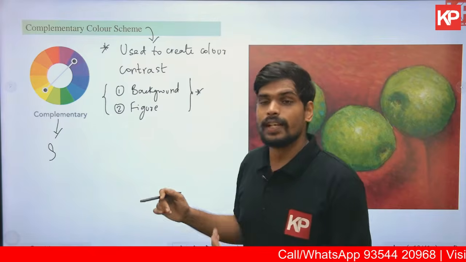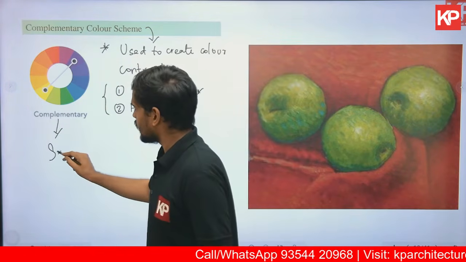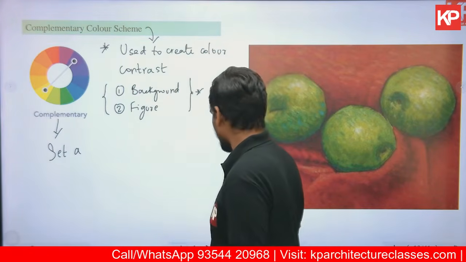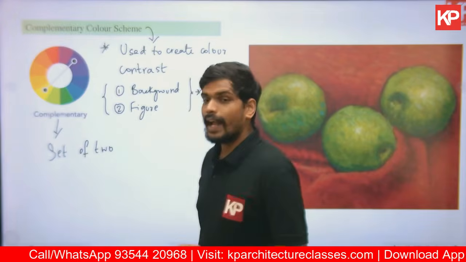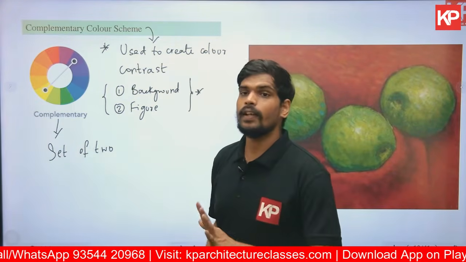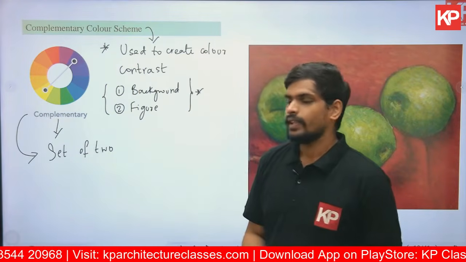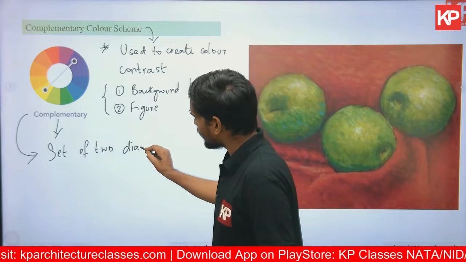Now moving to the next point, how do you identify the set of complementary colors? The definition is complementary colors are basically a set of 2 diametrically opposite colors on a 12-part color wheel.